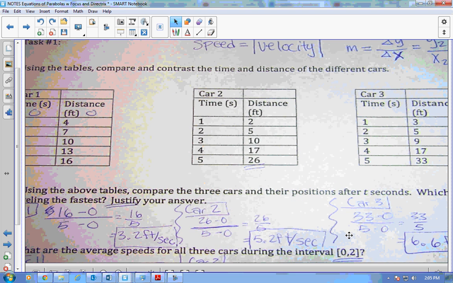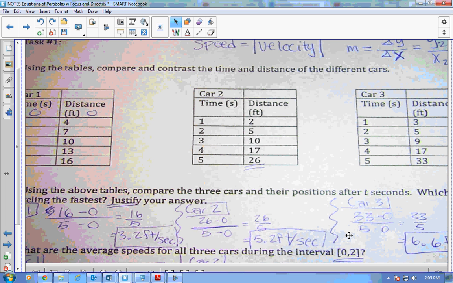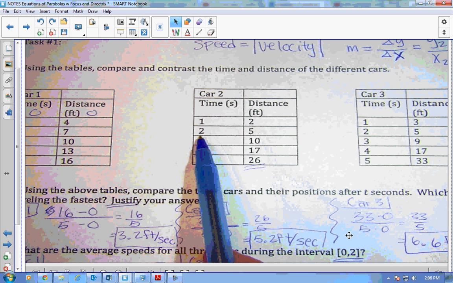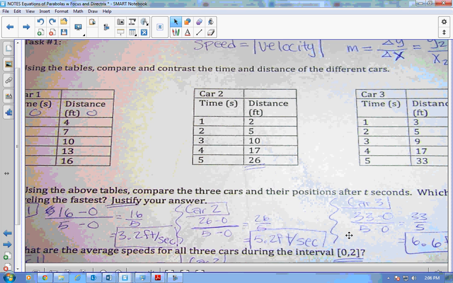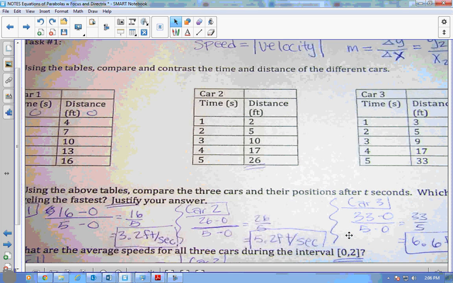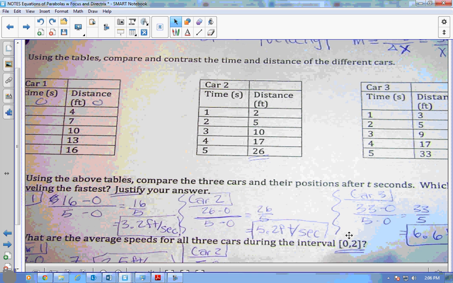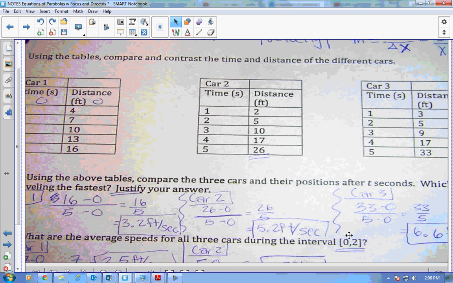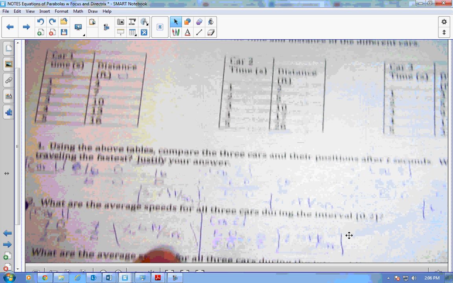And then the x's would be, what x corresponds to 5 from car 2? Yeah, 2 minus 0. So 5 over 2, can you do that without a calculator? 2.5 feet per second. So overall, actually car 2 went faster overall and further overall after the 5 seconds, but at the beginning, car 1 was actually going faster.